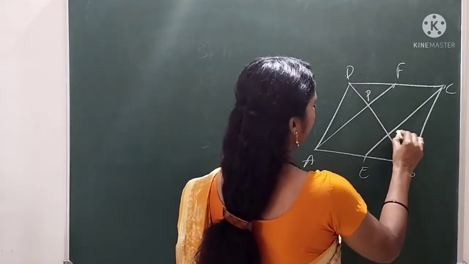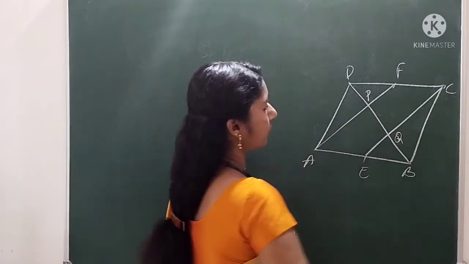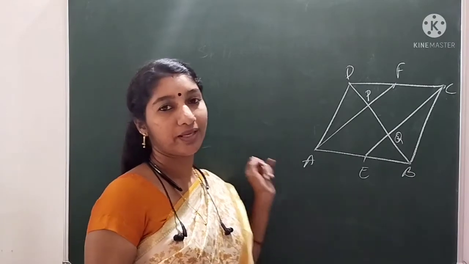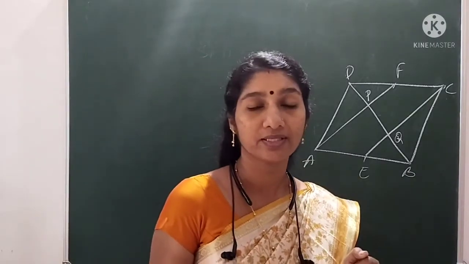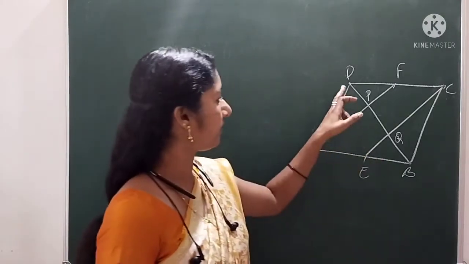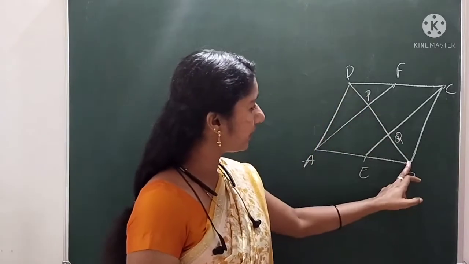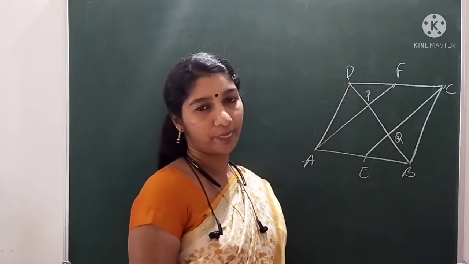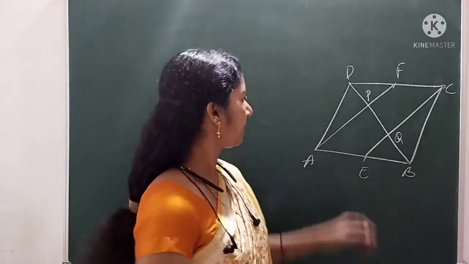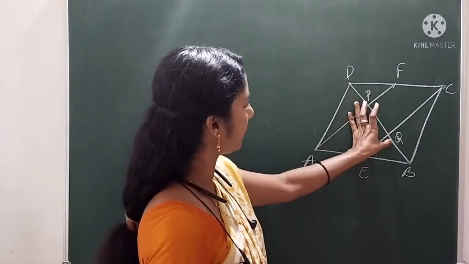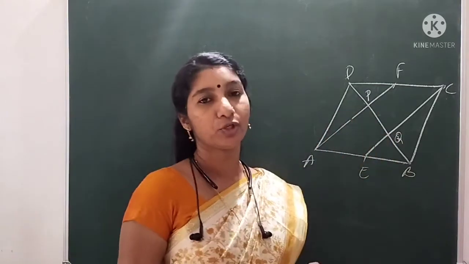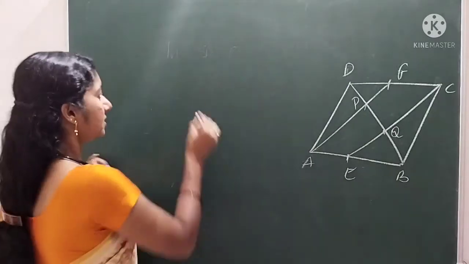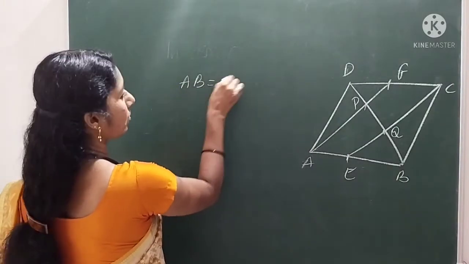These points are P and Q. We need to prove P and Q trisect the side BD. That means marking P and Q on BD, BD will be divided into three equal parts. That is the meaning of trisect. So PD is equal to PQ is equal to QB. We need to prove that. This ABCD is a parallelogram, given, no? So AB is equal to CD.